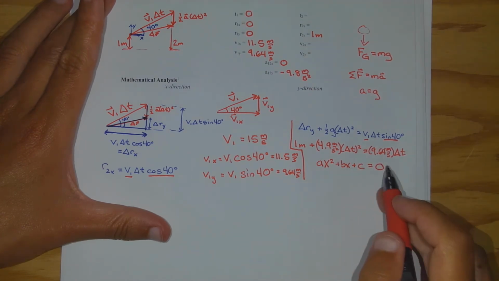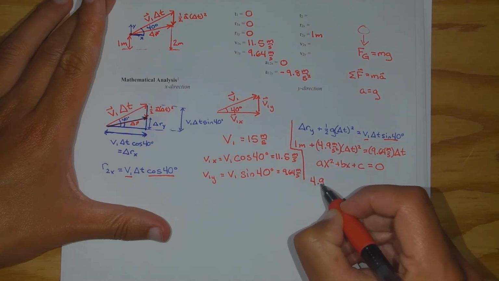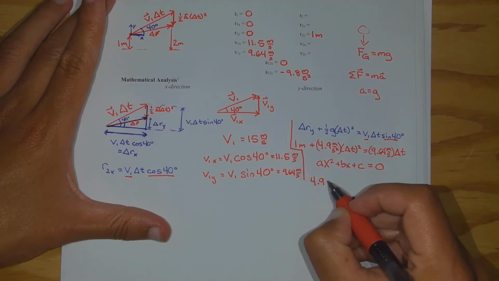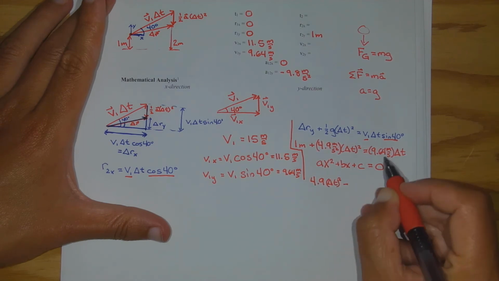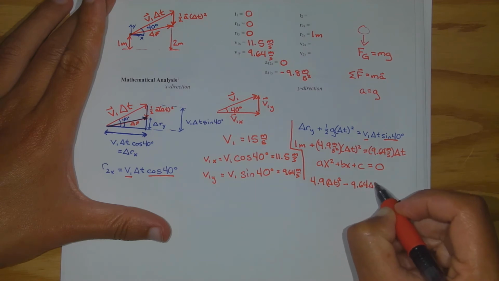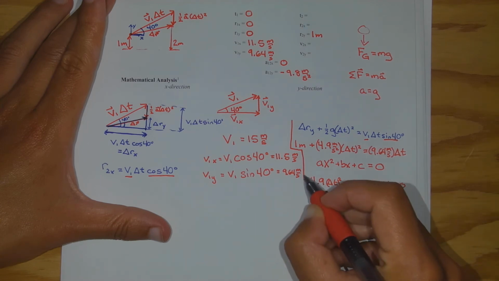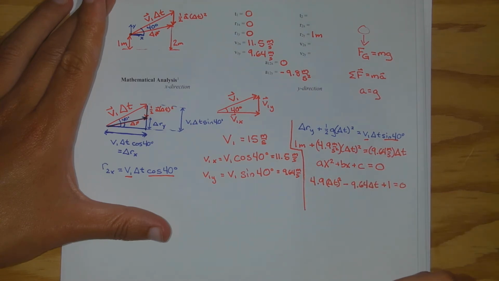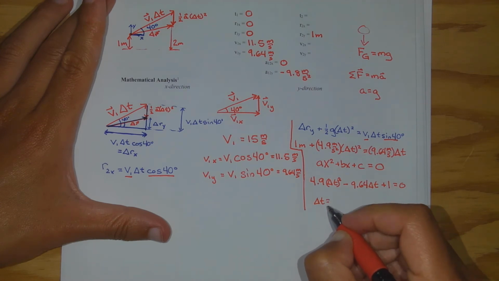Instead of x, we're going to have delta t, so I'm going to take the units out now. So this is 4.9 times delta t squared minus, if I bring this over to the other side, 9.64 times delta t plus the 1 is equal to 0.